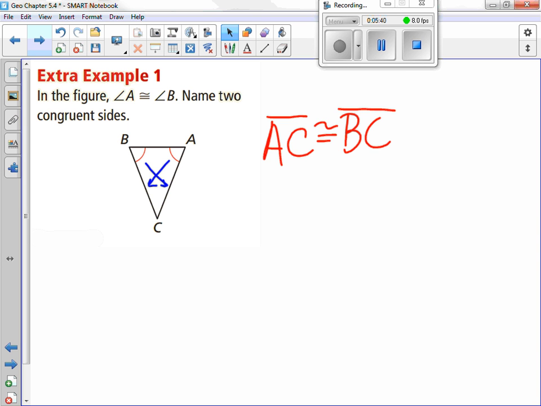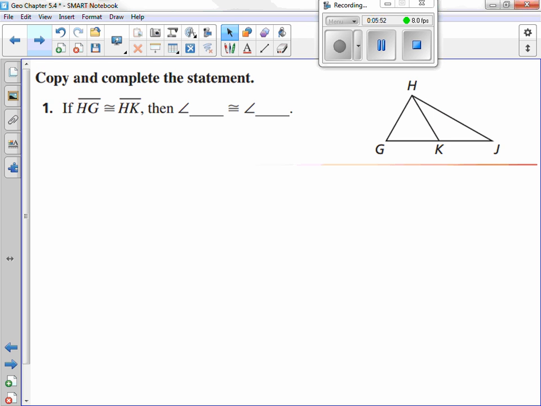And again, when we write that angles or line segments are congruent, we need to make sure we have the correct notation. For line segments, we need a line segment above the letters, and for the angles, we need our angle marker. If HG is congruent to HK, then what angle is congruent to what angle?